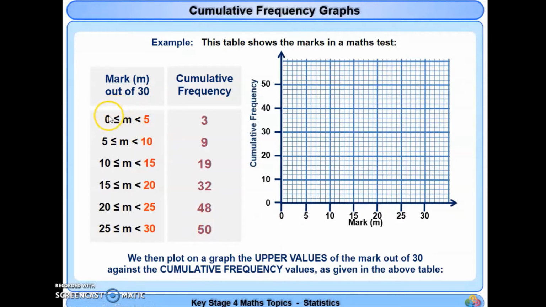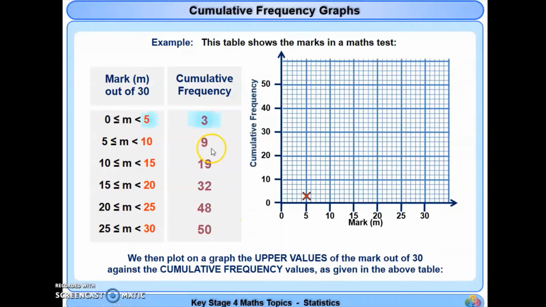My mark is out of 30, my lowest value being 0, my highest value being 30, so I've ensured the x-axis goes from at least 0 to 30, and again, it is labeled here. I've highlighted in red the upper bound of each grouped data because that is what is going to be relevant when we come to plot the data.